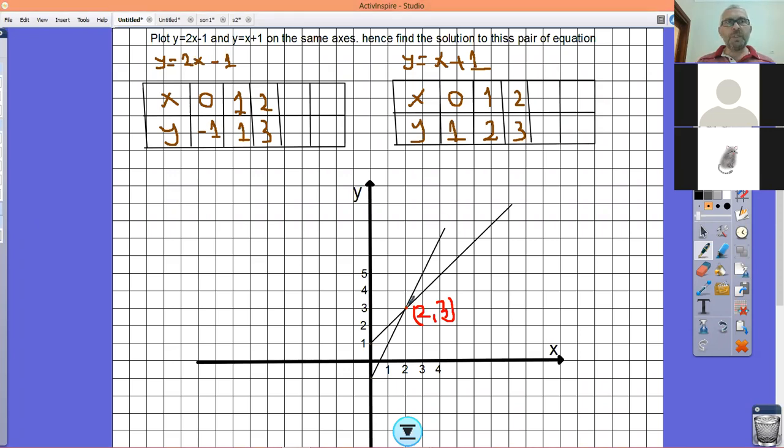This way, we are going to solve simultaneous equations. What we did here, we just drew the lines and we found the intersection point. The intersection point, the red one, is here. So the point 2, 3 is the solution for these simultaneous equations.